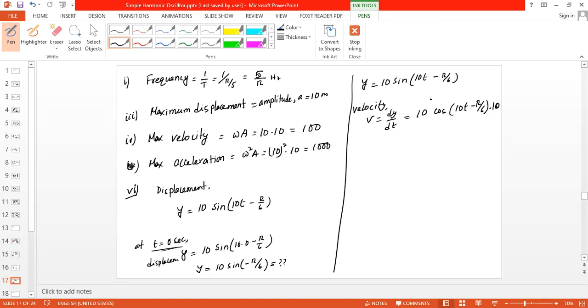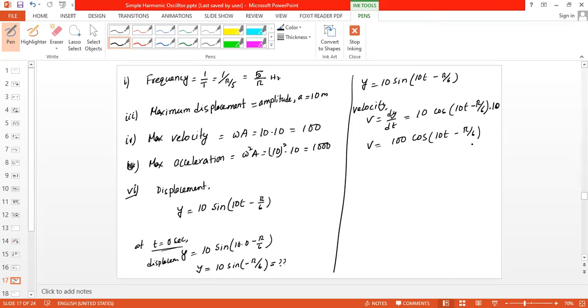I think you guys know how to differentiate, you did these things in your math 104 course, I guess. So v equal to 100 cosine of (10t minus pi by 6).